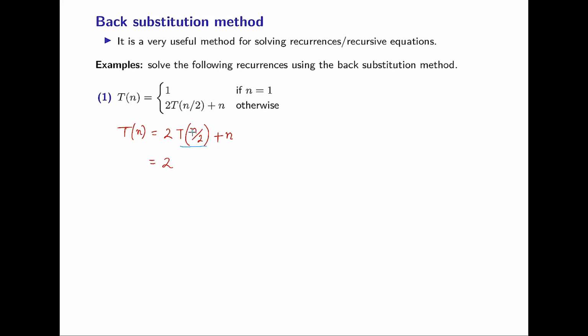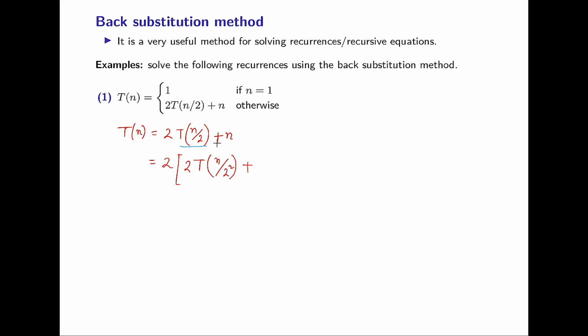Now the problem size becomes n/2, so it will be 2T(n/2/2), which is n/2 squared. I will not write 4 here because I am in search of a pattern. I need to expand at least up to 2 or 3 terms, and if I get a pattern, then I will write a generic term for that. So 2T(n/2 squared) plus n.